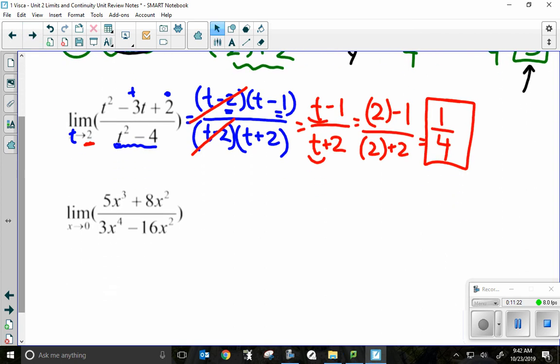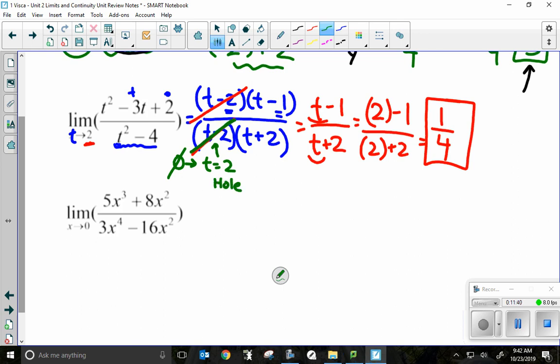Whenever we cancel something out that would have made our function undefined, this would have been undefined at t equals 2, right? That would have made our function undefined. Whenever we cancel that and get rid of it, on our graph, that means there's going to be a hole at t equals 2. All right, let me explain that.